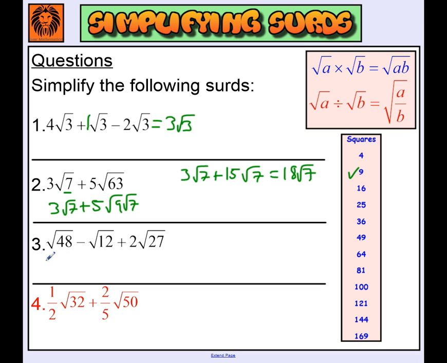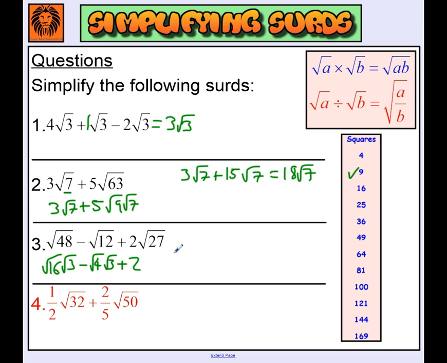With question 3, we need to simplify each individual term. So with root 48, the biggest square number that goes into 48 is 16, so this is root 16 lots of root 3. With root 12, the biggest square number that goes into 12 is 4, so we have root 4 times root 3, plus 2 lots of root 27.